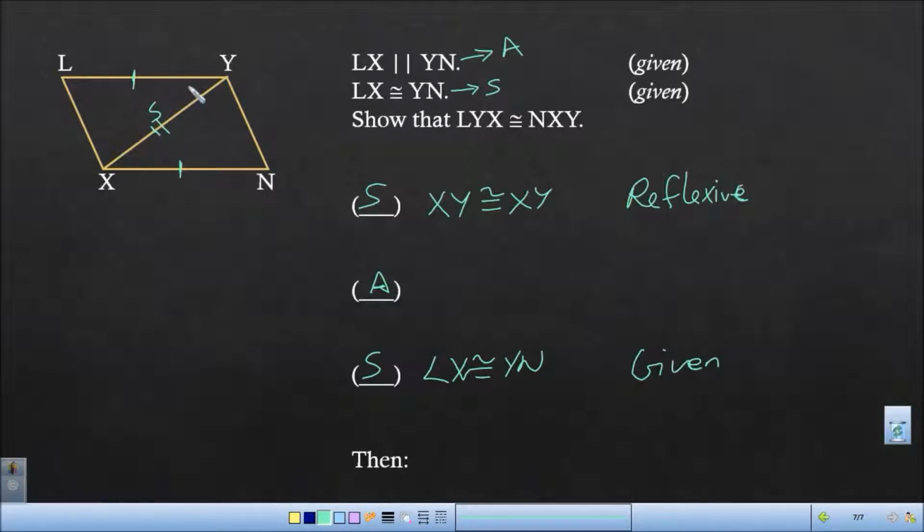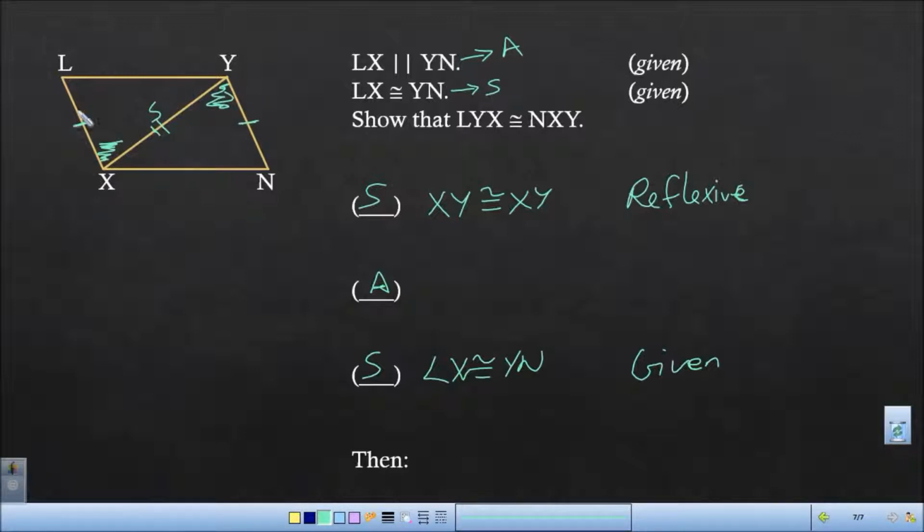So the angles that are smashed between them are these two angles. I totally marked that wrong, didn't I? Hang on. LX is this side. YN is this side, which means the angles smashed between them are here and here.